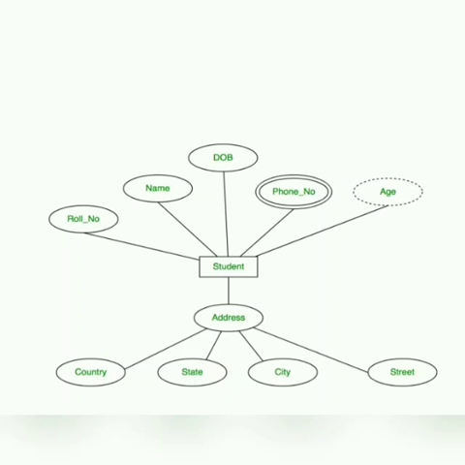In that address itself it is comprised of a lot of values. That is, in that address itself we are having country, city, state and street. So that is here address, that is a composite attribute.